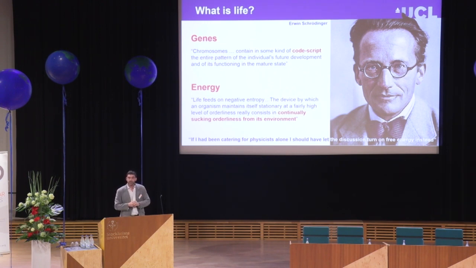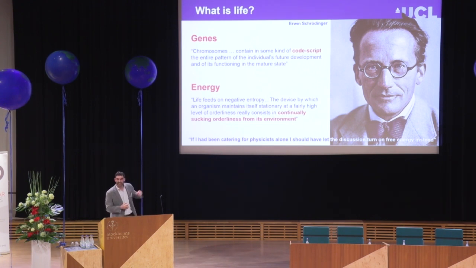This was during the Second World War, 1944, when this kind of encryption was in the air. And he talked in quite modern terms about genetics. This was before the structure of DNA was known. That was 1953.